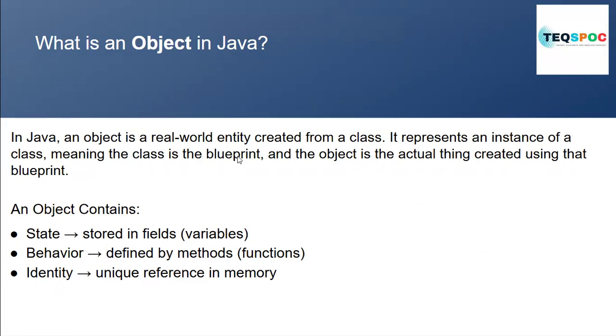Blueprint means the design which we have created to write the code related to the animal. If he is performing some action, then we create a method, so that is the blueprint. The object is the actual thing created using the blueprint. Objects contain state, behavior and identity, which we have seen.